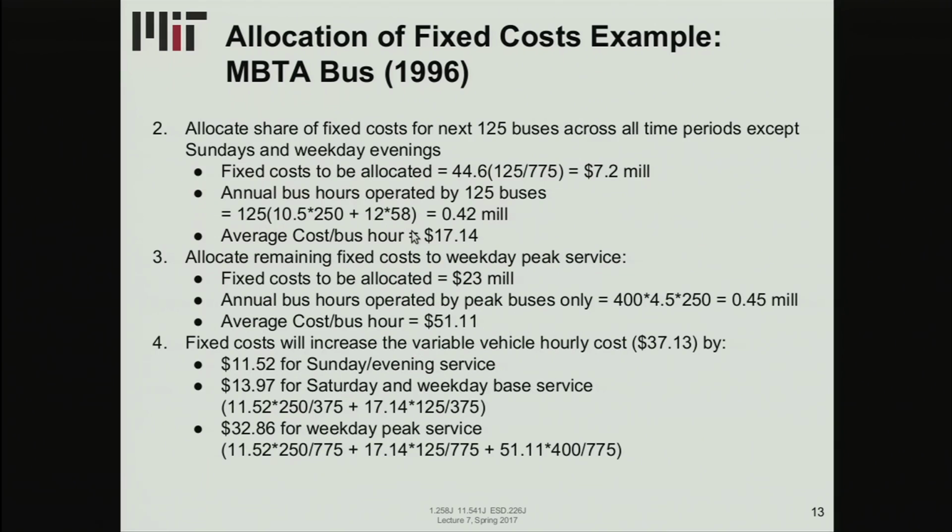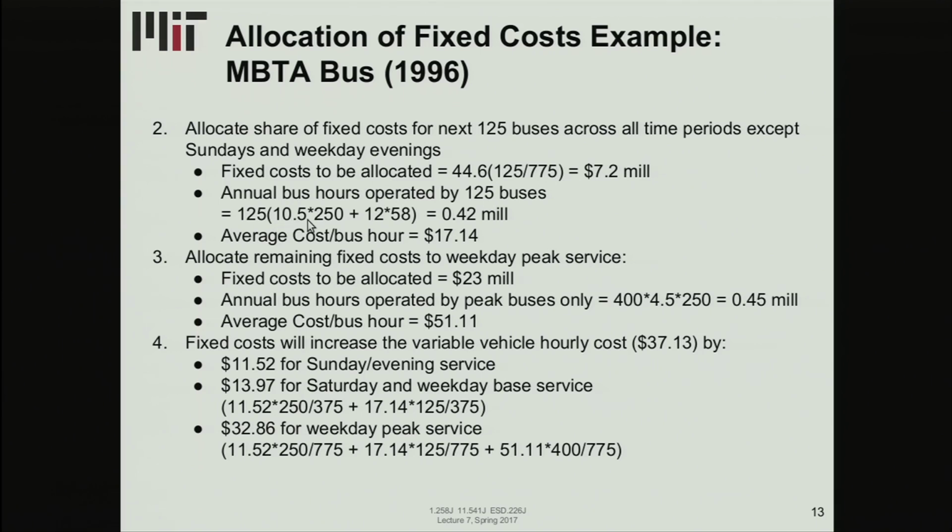So now let's move to the next 125 buses operating on all time periods except Sundays and weekday evenings. So how much money do we have to allocate? The 44.6 million total times the additional 125 buses divided by the total number of buses, that's $7.2 million. How many total bus hours are operated by those 125 buses?